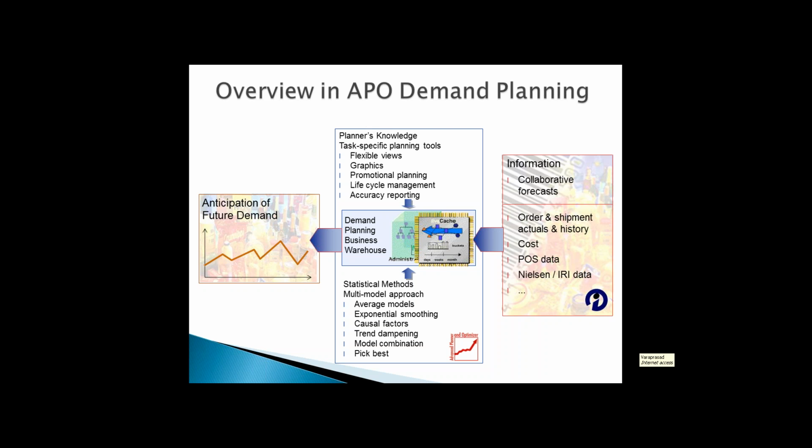After that, if I want a clearer understanding of my season, I will define some causal factor, maybe temperature, rain or weather. If that is reached, then only my sales will go high. Those are nothing but causal factors. Then there are trend dampening and model combination, and after all the combinations we can pick the best model.